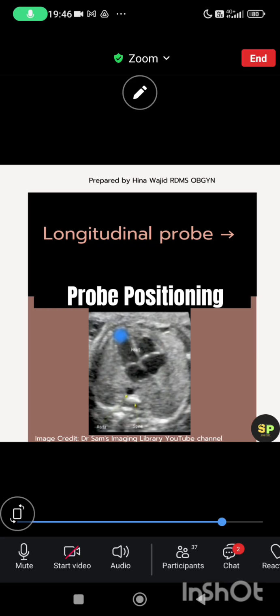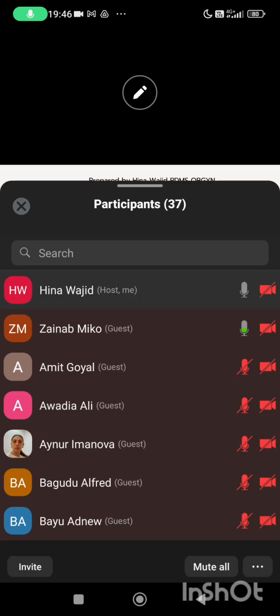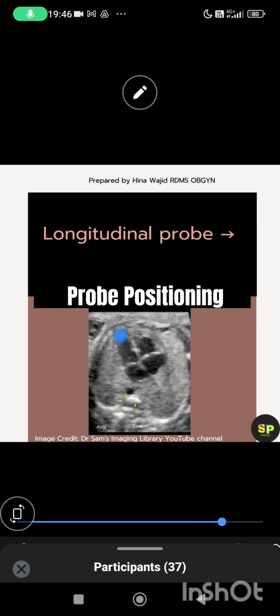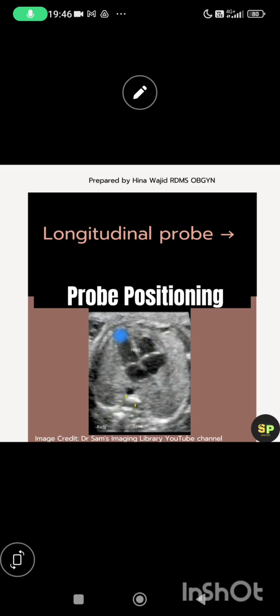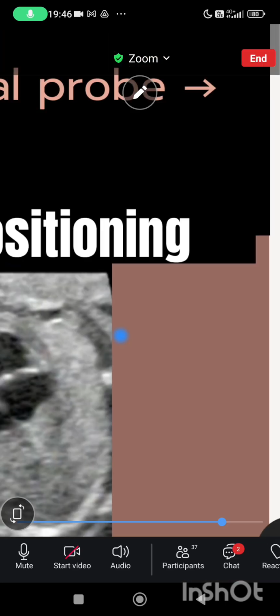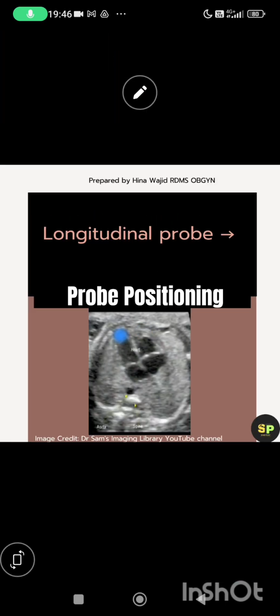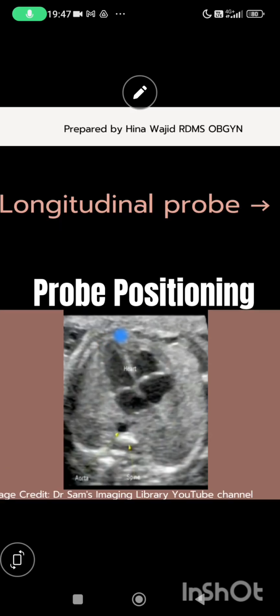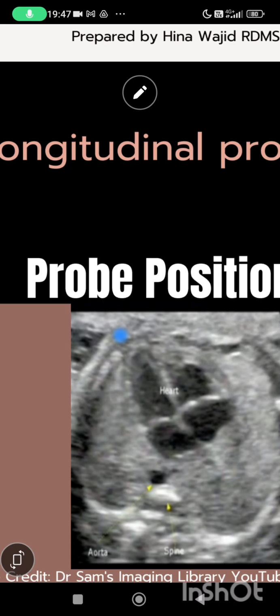Please, does that mean if the probe is transverse, that is when we have cephalic, and when the probe is longitudinal, that is when we have transverse? Yes. That is the point we discussed in the very start: to differentiate cephalic and transverse head toward maternal right, what we should know is the probe position, because their transverse section will look the same.